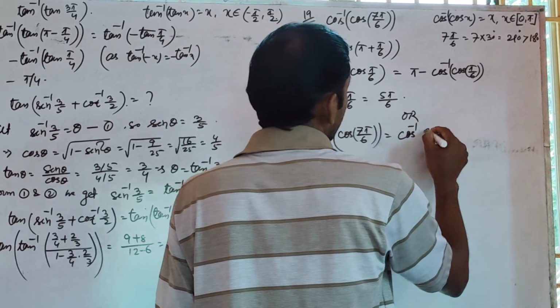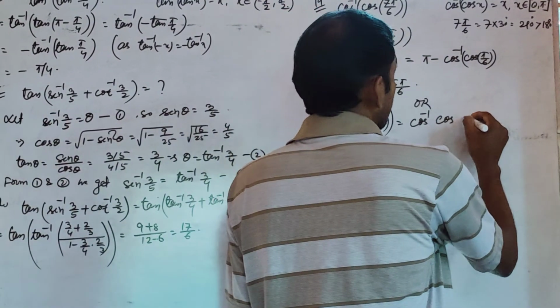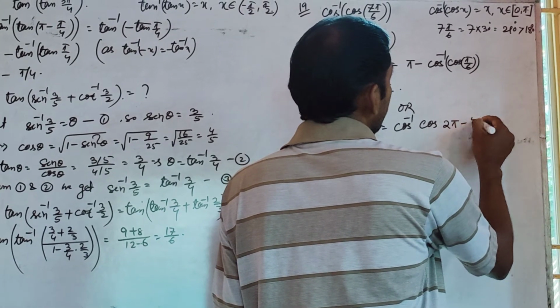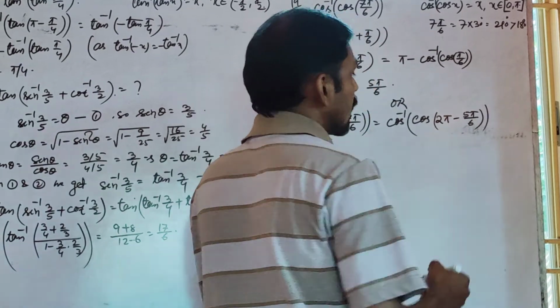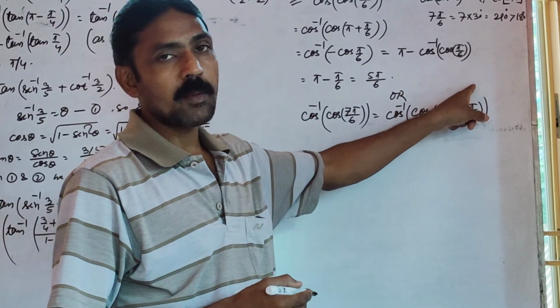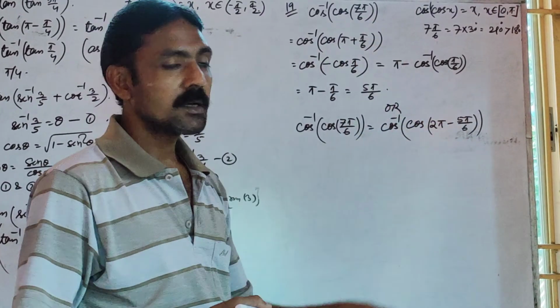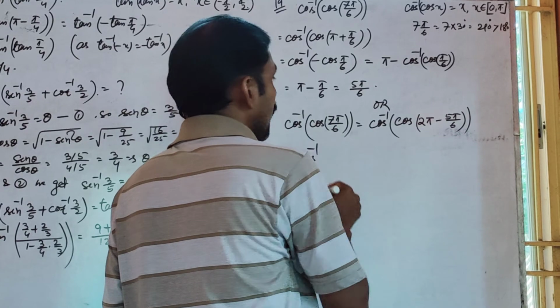Now 7 pi by 6 can also be written as 2 pi minus 5 pi by 6. Now you check, 6 twos are 12, so 12 pi minus 5 pi, 7 pi by 6, that also comes. Now this is equal to cos inverse.